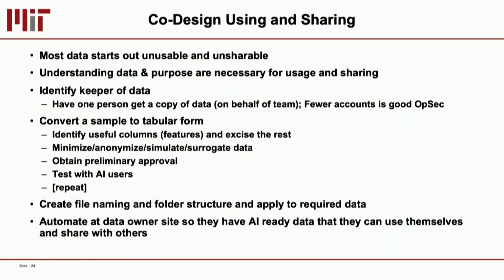So then once you get a copy of the data, you then convert a sample of it to a tabular form. You can identify the useful columns or features in that, and then you can get rid of the rest. That's a huge service to your community, if you have a volume of data and you know all of this stuff is not going to be useful. Now you're just giving people useful data. That's really, really valuable.